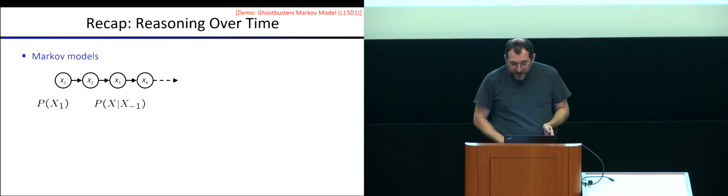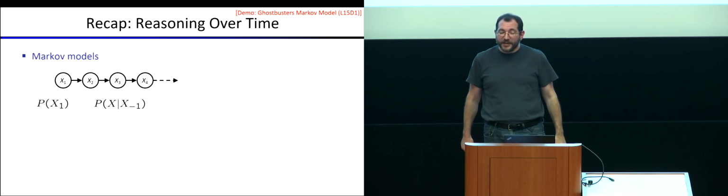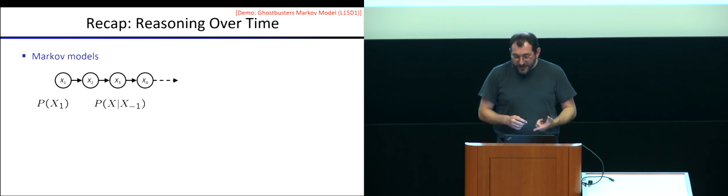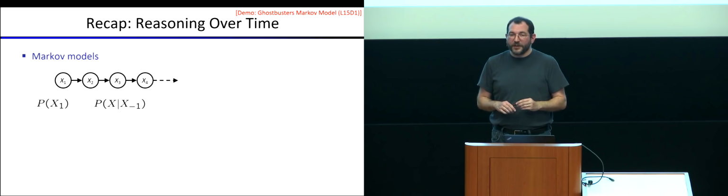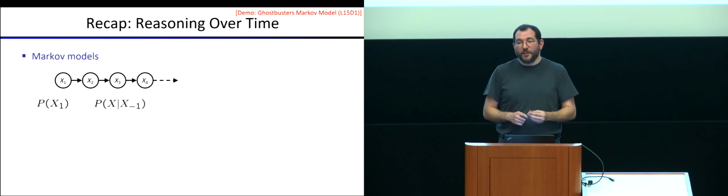In order to do this, we need to supply you with a couple pieces of information so that you can ask questions like, what's the probability of this variable on day 3? And so we need to give you an initial probability distribution, so some initial marginal probability over x at the first time step. And we also need to give you a transition probability matrix.